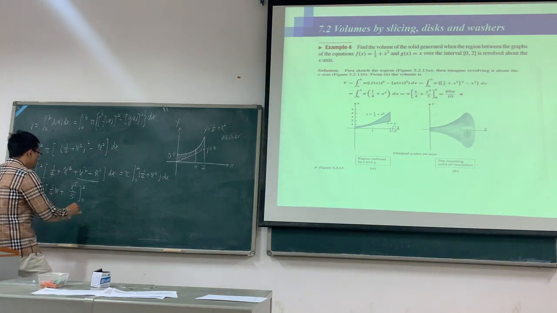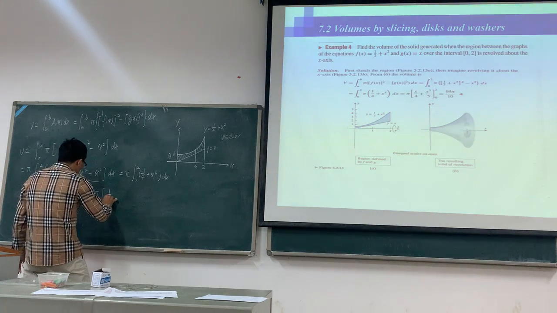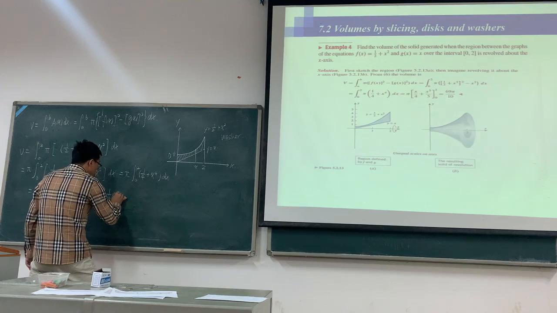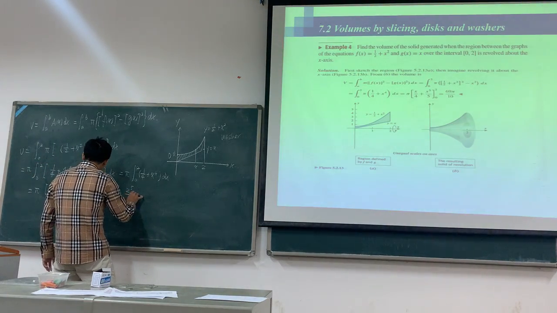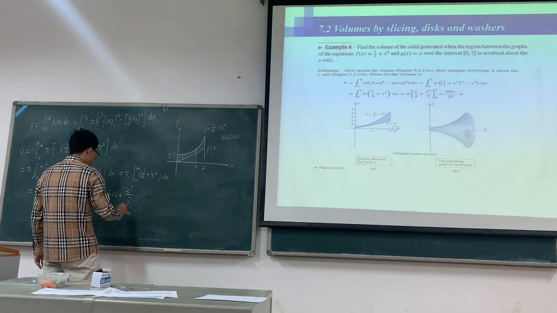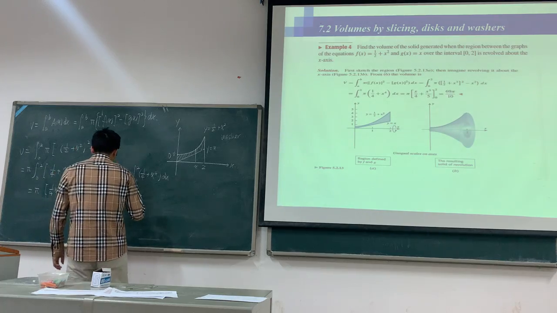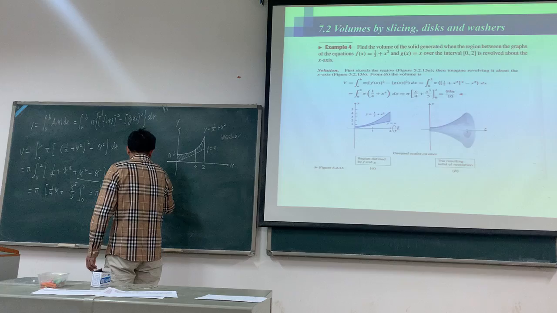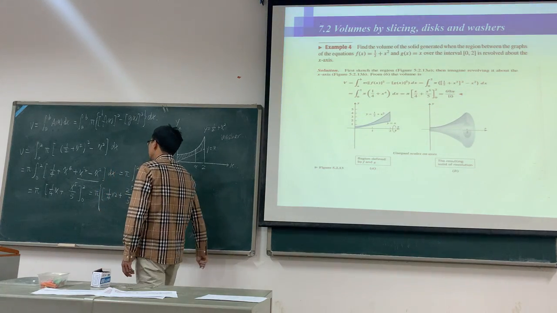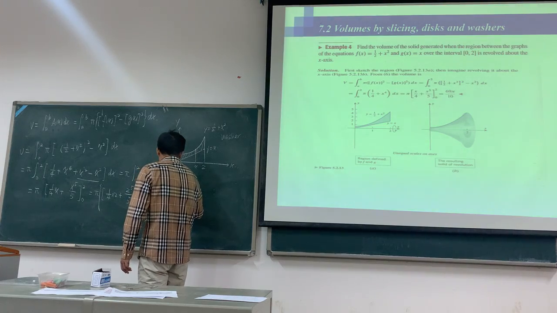So here, this is equal to pi times (1/4 times 2 plus 2 to the 5th power divided by 5), and then evaluate (1/4 times 0 plus 0 to the 5th power divided by 5).